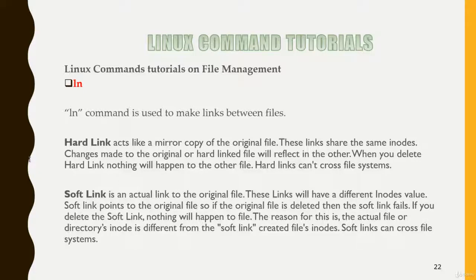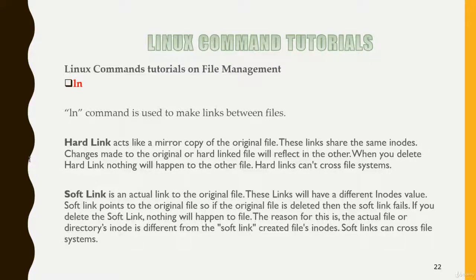So it's just like a link. If you are going to delete the link, it doesn't affect the main file. But if your main file in the D drive, your movie, has been deleted and the link is there on your desktop, if you click the link, it will not work because your main file has been deleted. So with a soft link, it will create a different inode number.